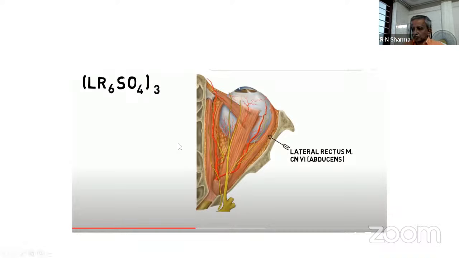So it originally starts from the apex of the orbit, runs along the roof, turns backward through the trochlea and runs posteriorly above the globe to get inserted into the posterior superior outer quadrant. That you should remember.